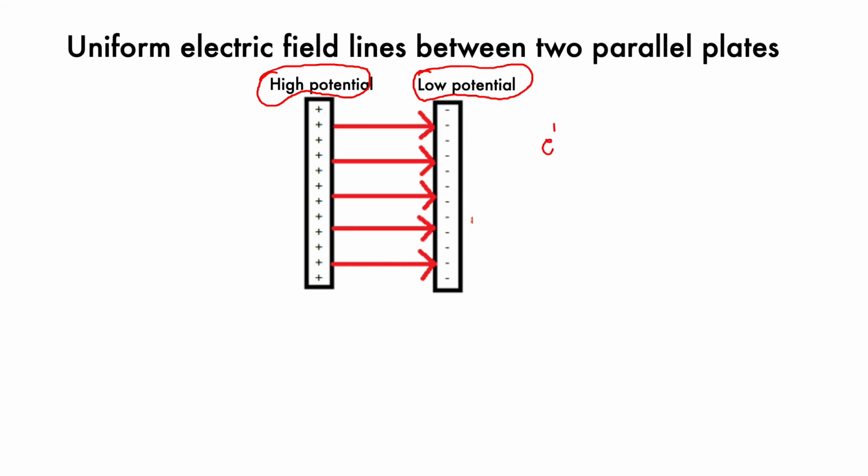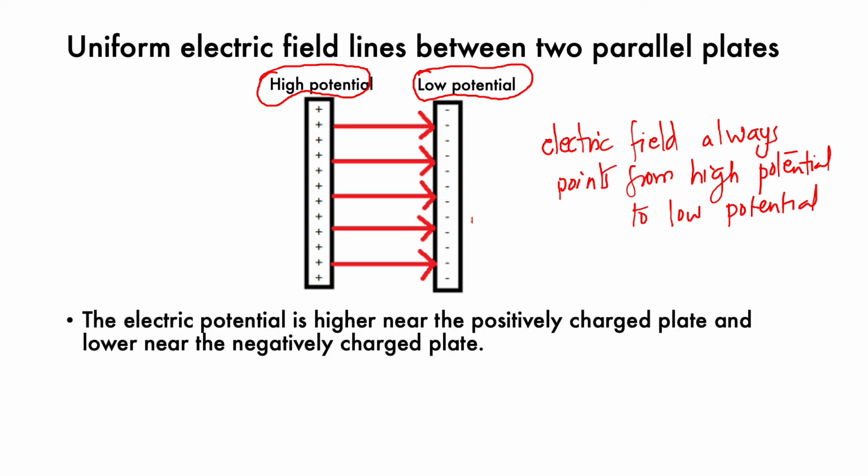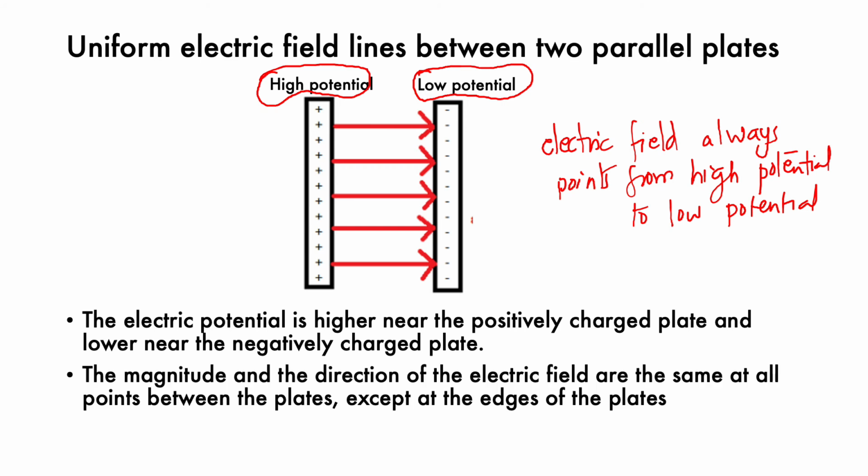So electric field always points from high potential to low potential. Electric potential is higher near the positively charged plate and lower near the negatively charged plate.